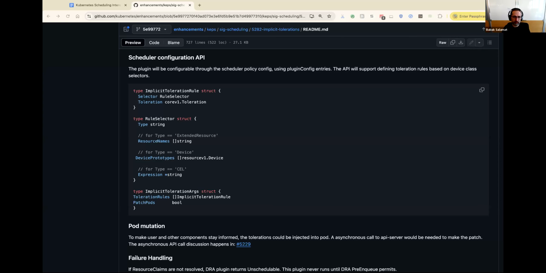Historically, this has actually been common practice. Sometimes nodes with special hardware were getting tainted, and only the pods that needed those resources had the toleration. So it's not completely uncommon, but with a better API, maybe we can have something more first class.